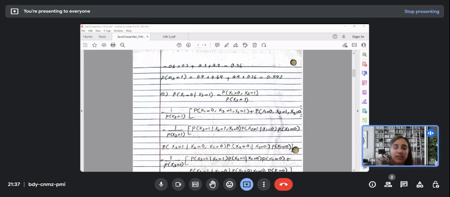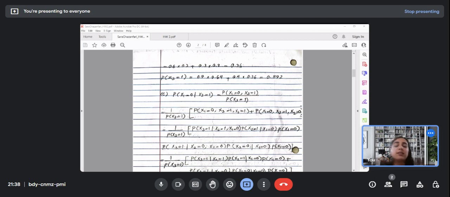So I will write it down like this: based on Bayes rule, we can add x2 into this probability, and we should cover the two options for x2. I have written this like that, and then I will make it conditional. So probability of x3 equals 1 given x2 and x1.